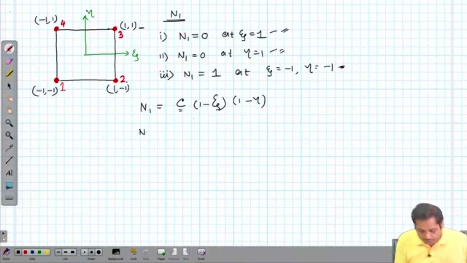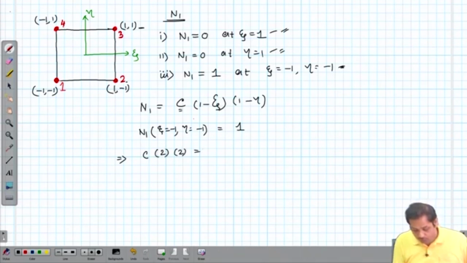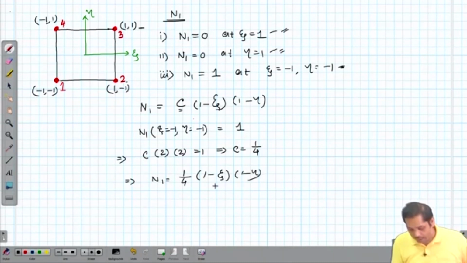So N1 at xi equal to minus 1 and eta equal to minus 1 is equal to 1. If you substitute xi equal to minus 1 and eta equal to minus 1, it will be c into 2 into 2 equal to 1. This gives c equal to 1 by 4. So this gives us N1 equal to 1 by 4 (1 minus xi)(1 minus eta).